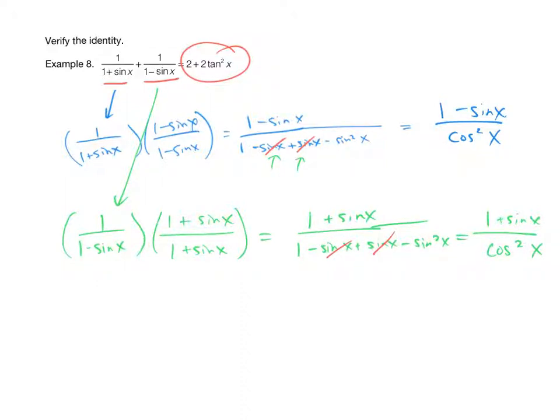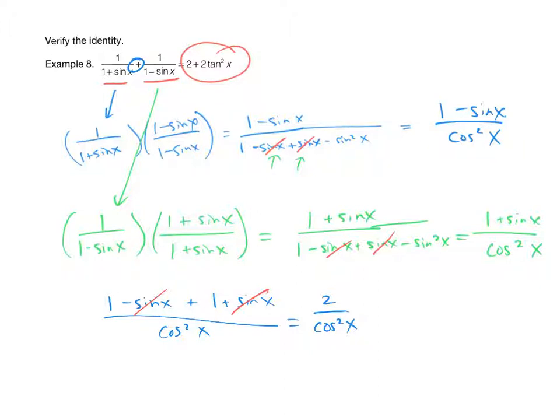And because I now have two fractions that are added, and they have the same denominator, I can add these. 1 minus sine x plus 1 plus sine x all over cosine squared x. And in this case, negative sine of x and positive sine of x cancel, so I'm left with just 2 over cosine squared x.